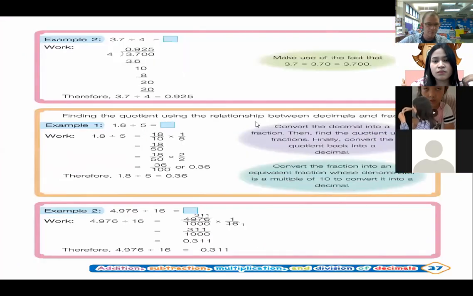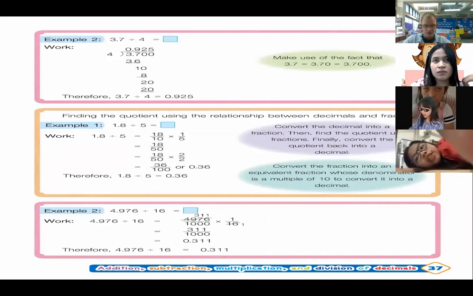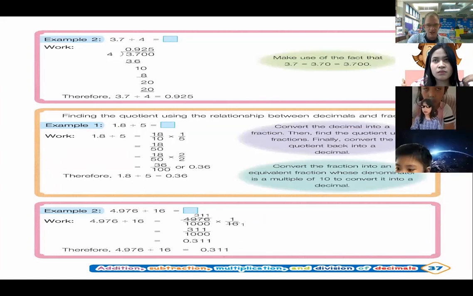Okay. So some more examples just for us to make sure we understand and can go through it before we start doing our own exercises. Here they tell us, make use of the fact that 3.7 can also equal 3.70, 3.700. Why?